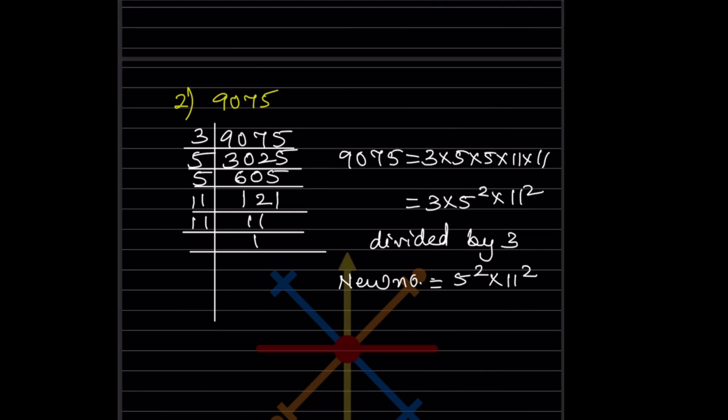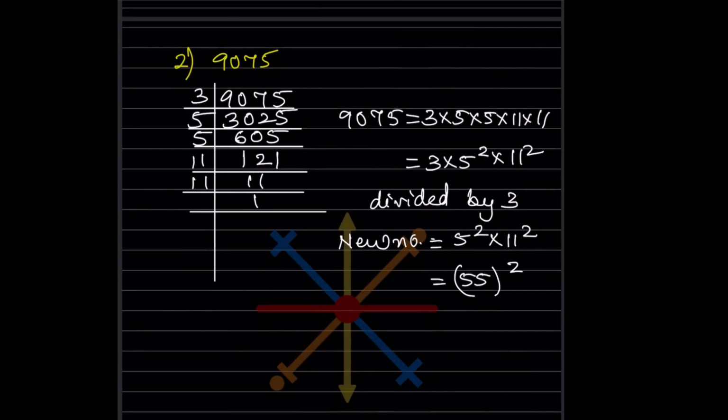And now this will be 11 5s are 55 square. So the number whose square is the new number will be 55. Therefore the number whose square is new number is equal to 55.